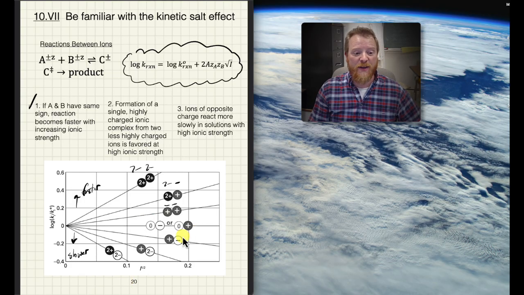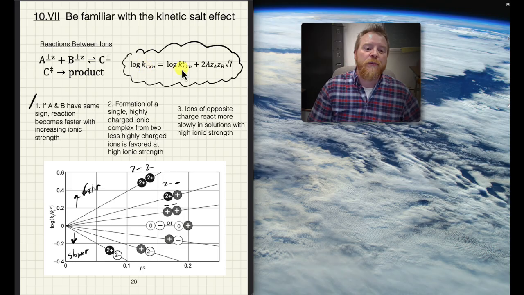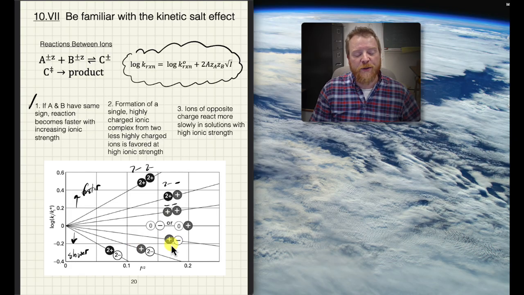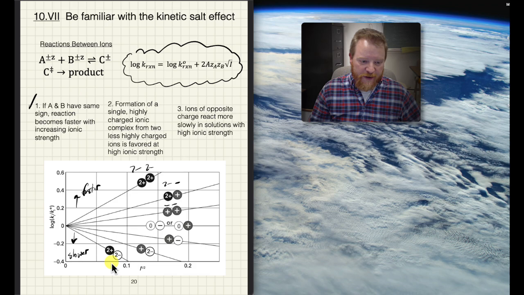If we've got a 0 and a negative, or a 0 and a positive, there's overall no change in the reaction, because putting 0 on any one of those charges just drops that term right out, and the reaction proceeds as fast as it could under standard conditions. But if we go positive, negative, 2 positive, 2 negative, etc., that greatly slows down the reaction with increasing ionic strength.